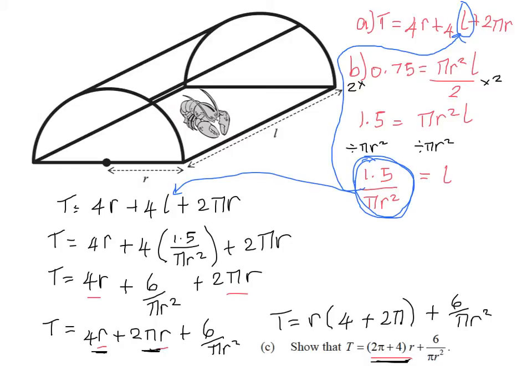If we just now reorder this, t equals, if I just take this r, put it on the side, take this 2 pi and 4 and switch the order around a bit, then I get exactly what they want us to have, which is that t is equal to 2 pi plus 4 r plus 6 over pi r squared. So we've shown what they want us to show, and we are done with C.